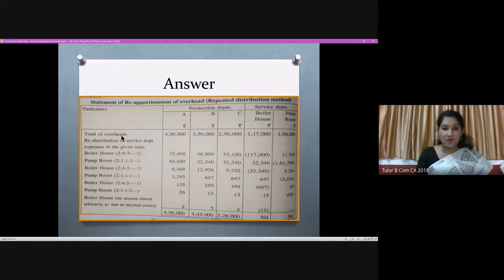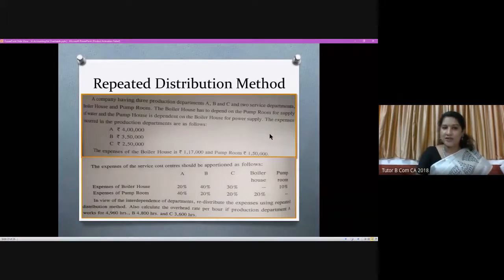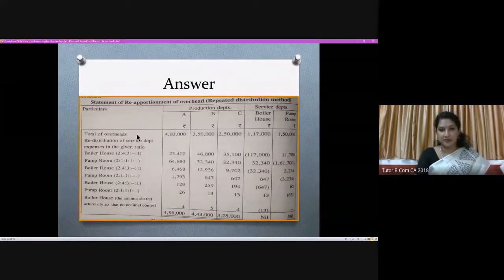See here, total of overhead as per primary distribution summary for A is 4 lakh, for B is 3,50,000, for C is 2,50,000, for the service departments, boiler house it is 1,17,000, and for pump room it is 1,50,000. If you still have doubt how I got the answer, it is in the question itself. We have been given the primary distribution summary, and we have just put it into the secondary distribution summary.